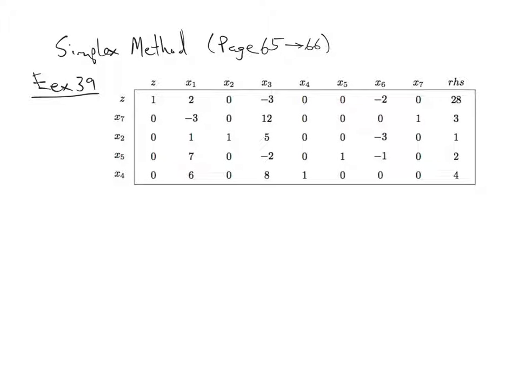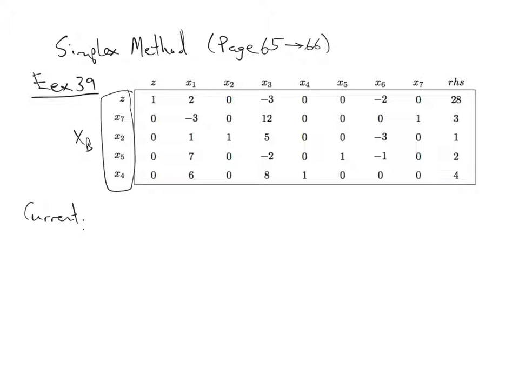Okay, so this is a typical simplex tableau, and we're currently sitting in a situation where the basic variables are these. This is the so-called XB in the theory. The basic variables are x2, x4, x5, and x7, and they actually have values.